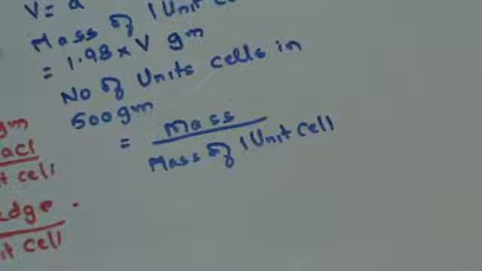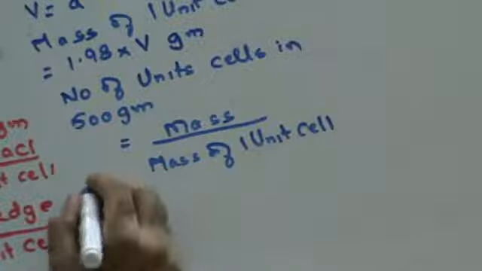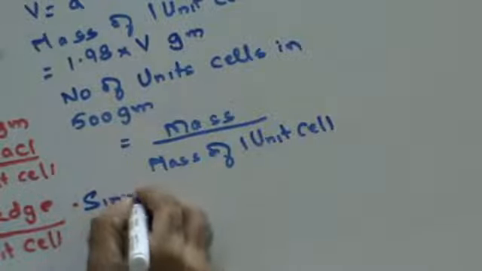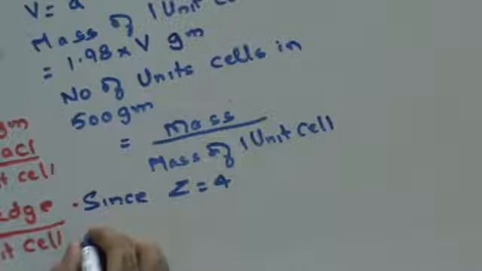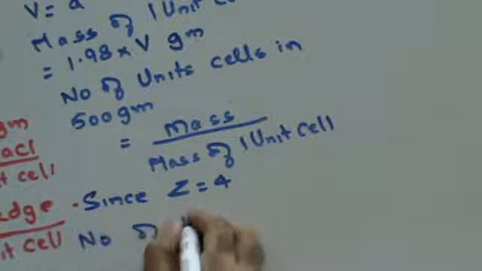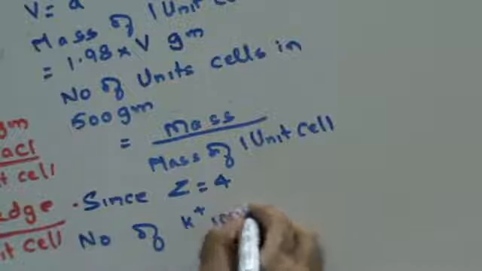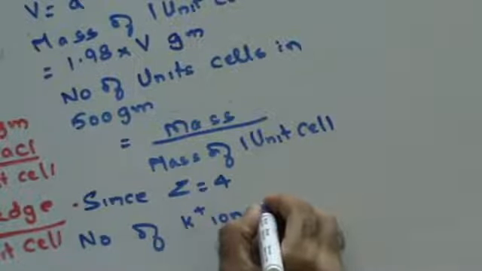Now, since it is a FCC structure, the value of Z will be 4. Therefore, I can then say that the number of potassium ions, moreover they said that it contains 4 potassium and 4 chloride ions.